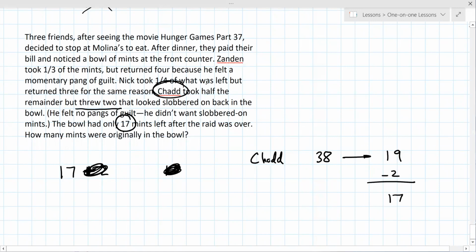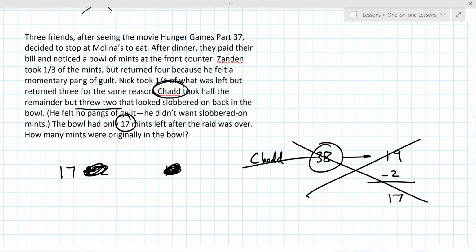Let me put two back. That's not right. Sorry, I'm getting. This is not. Let me restart here. Chad took half the remainder, but threw two that looked slobbered on back in the bowl. I'm sorry. Let me start this again.